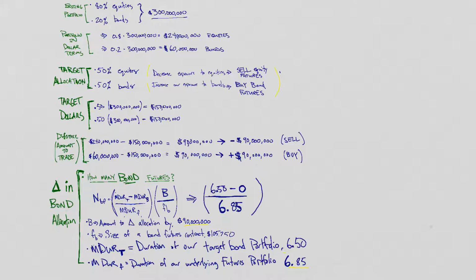That is, we have a positive sign here, meaning that we're buying bonds. And specifically, we need $90 million of those bonds to get us to that 50% asset allocation mix. And each bond futures contract is worth $105,250.